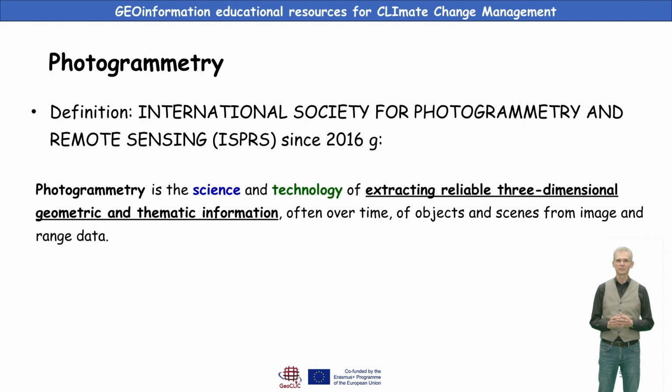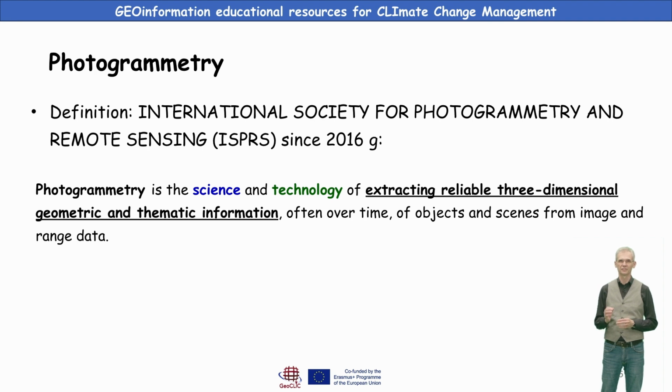Until that time, photogrammetry was more widely used. But with the development of remote sensing, that is, the reduction of the spatial resolution of satellite images over the years, since 2016 each area has its own definition. So photogrammetry is defined as the science and technology of extracting reliable three-dimensional geometric and thematic information.